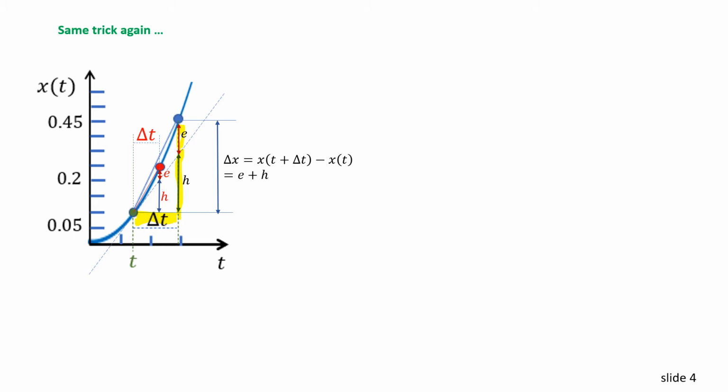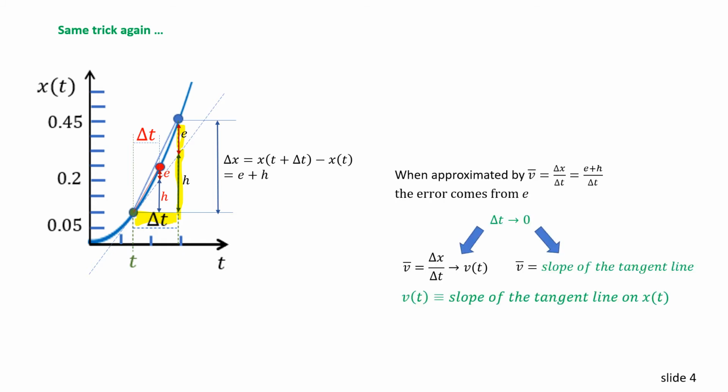Now, when we limit the delta t to 0, our approximation error will also approach 0. Now, you can see the average velocity will become the instantaneous velocity, and at the same time, the average velocity will be equal to the slope of the tangent line, and there you go.